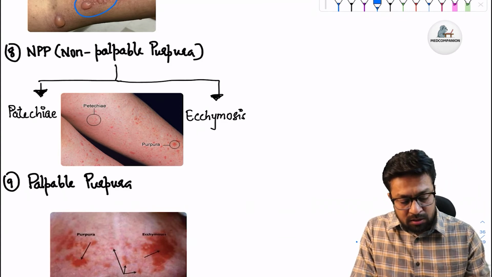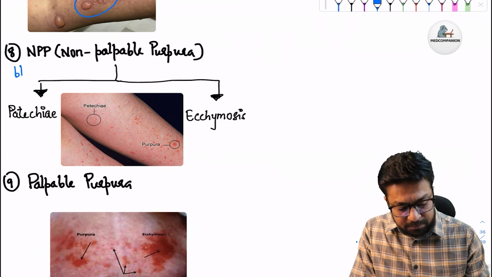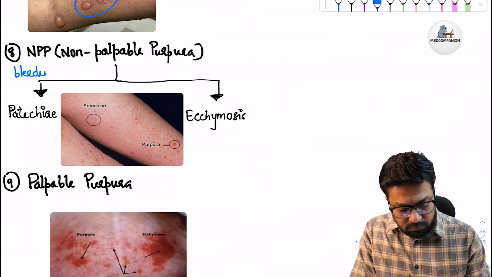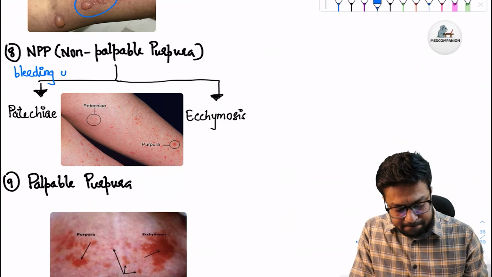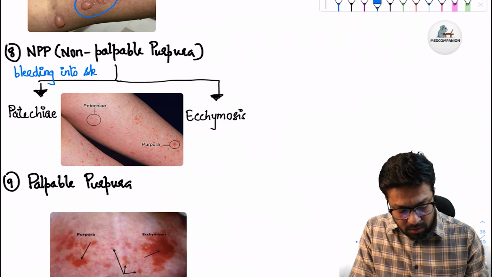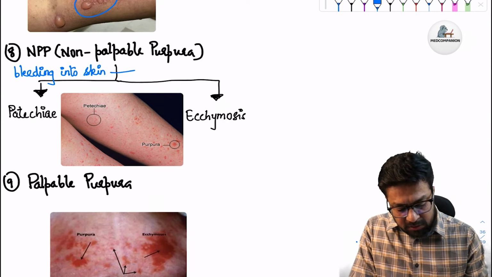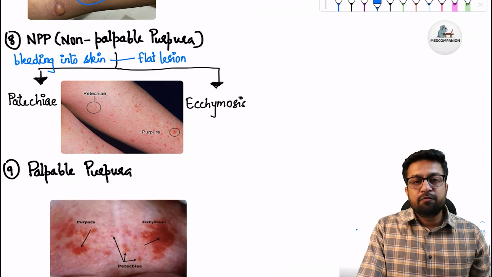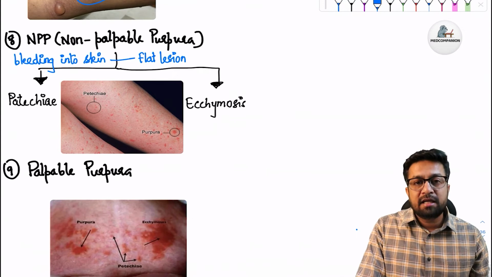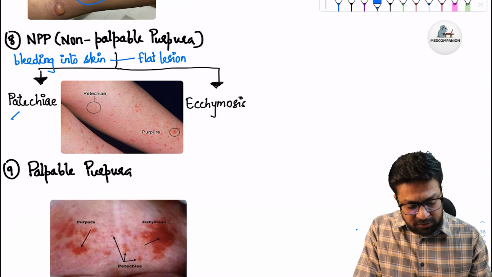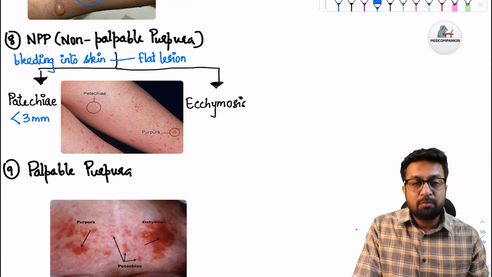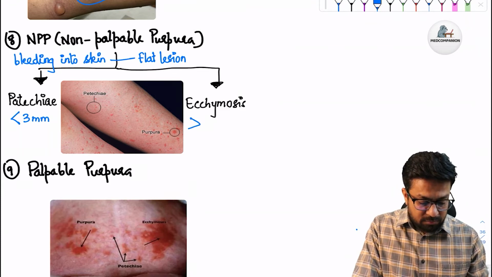Non-palpable purpura occurs because of bleeding into the skin, which ultimately takes a form of a flat lesion. They can be of two types, that is petechiae and ecchymosis. Petechiae are less than 3 millimeters. Ecchymosis is greater than 3 millimeters.